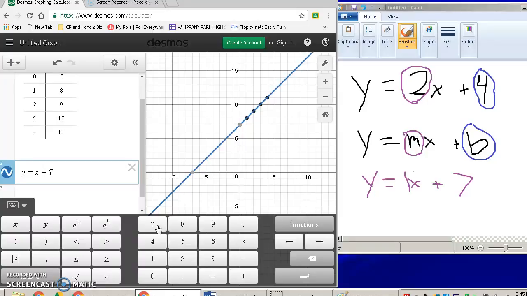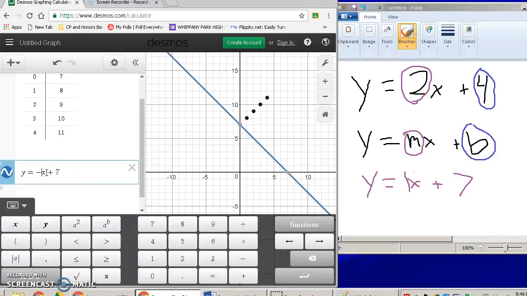What would happen to our line if instead of our slope being 1, we made it 3? It's going to move towards the left. If we made it negative, what will happen? There we go, it moved even farther to the left.